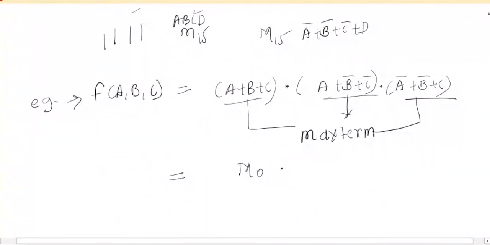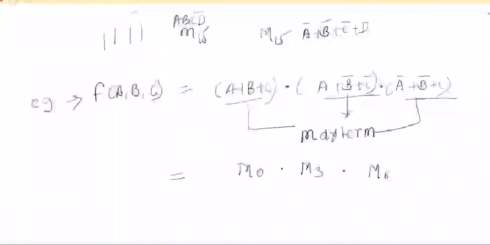Then dot, that is the multiplication. Then find out the M notation for the next max term, A plus B bar plus C. What is the M notation? Now check the A bar plus B bar plus C. What is the M notation for this max term? Okay.